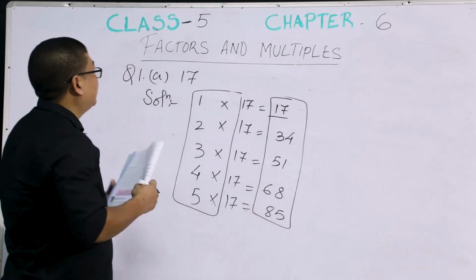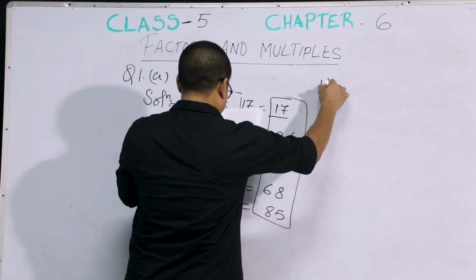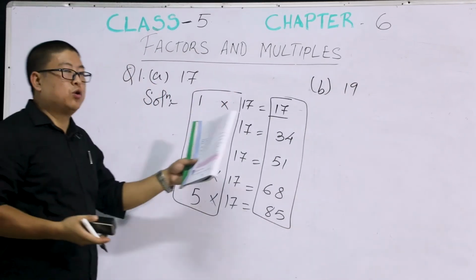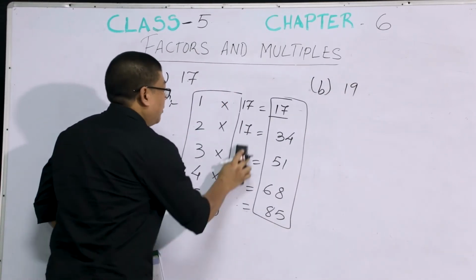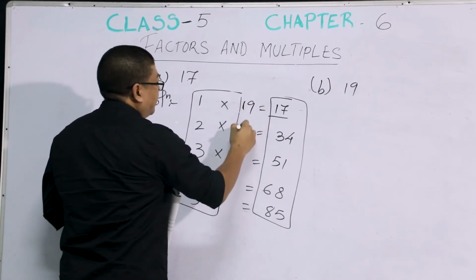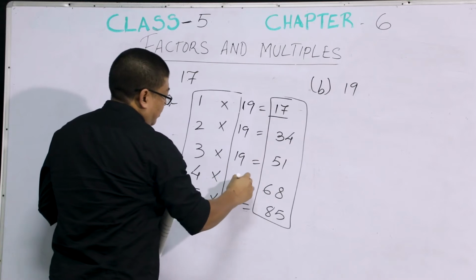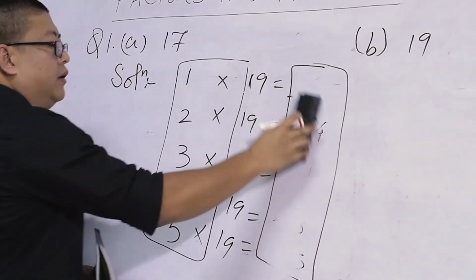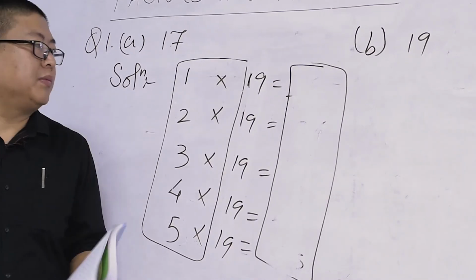Now if you look at the next question, they have given us 19, right? I will not be solving this. I'm just going to show you how you can go about it. In place of 17, you now write 19. Your answer will change now. I'm sure you have all learned about multiplication.